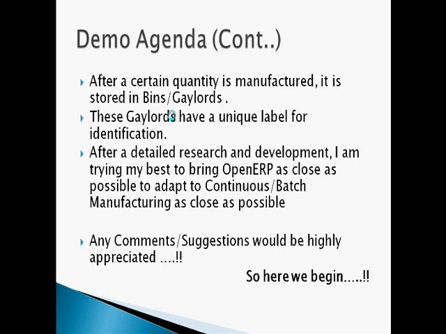So the manufacturing is done for large quantities of goods, in multiples of three digits or four digits. So a certain quantity is manufactured then stored in a box or a bin. These gaylords have a unique label for identification, and these labels have a barcode and a quantity which is fixed in a particular gaylord.